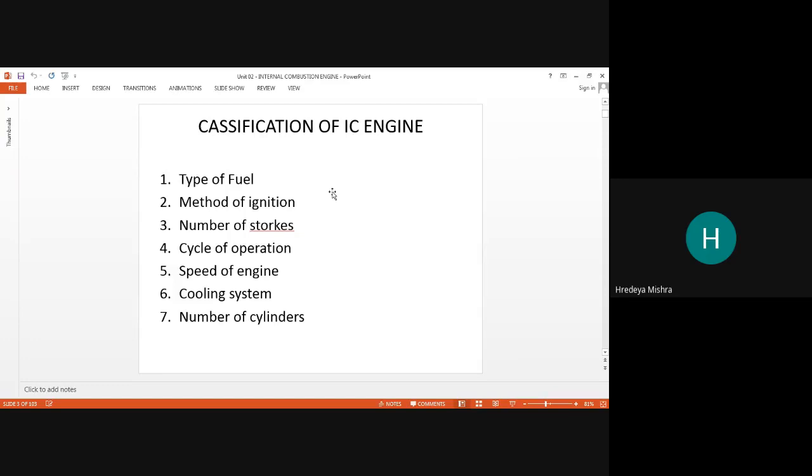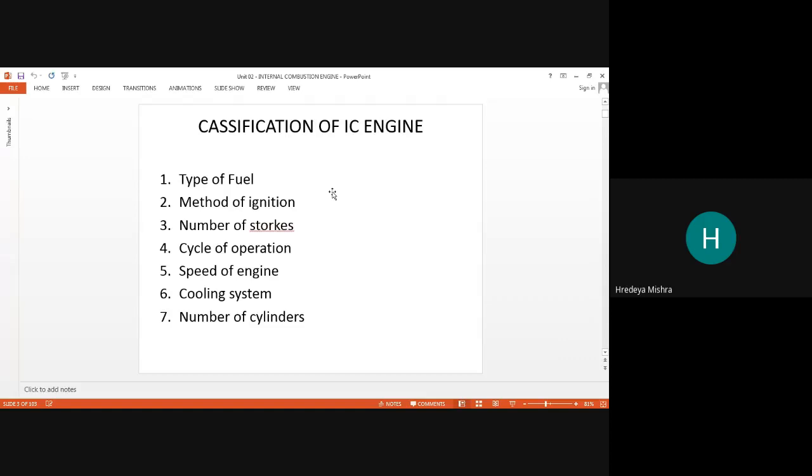Number of strokes. There are two stroke and four stroke engines, and the six stroke engine is in the research process. So we have studied only two types of engine based on the number of strokes.